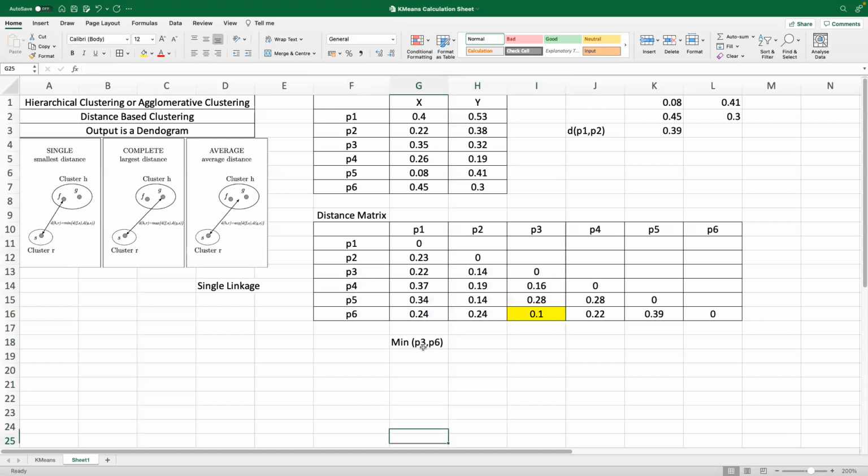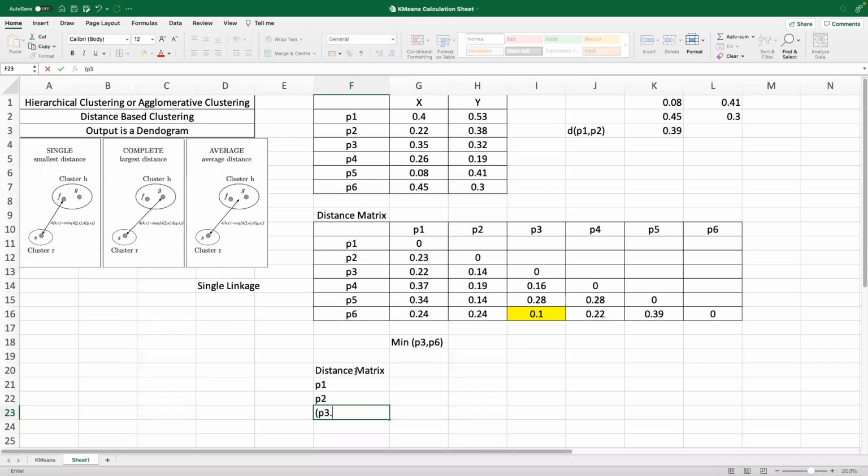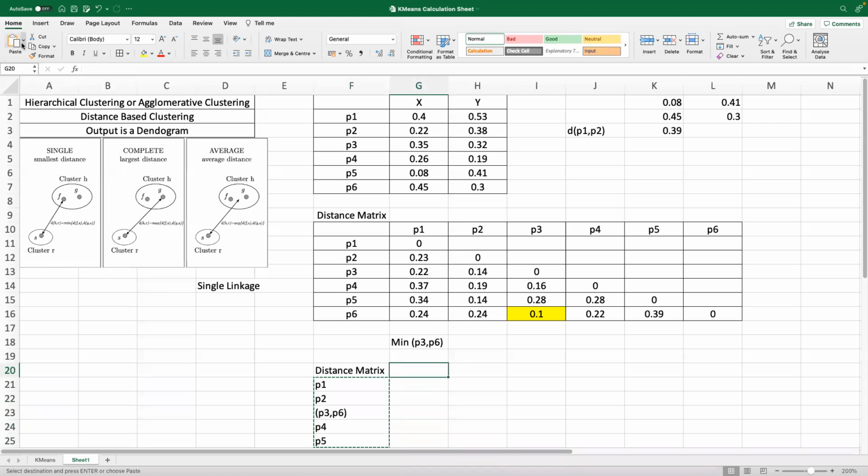Now the distance matrix will change. So what happens is we have P1, P2, and now P3, comma P6 as one point, and then P4 and P5, right? And the same things will happen. Control C, you can transpose them here. These are the values.